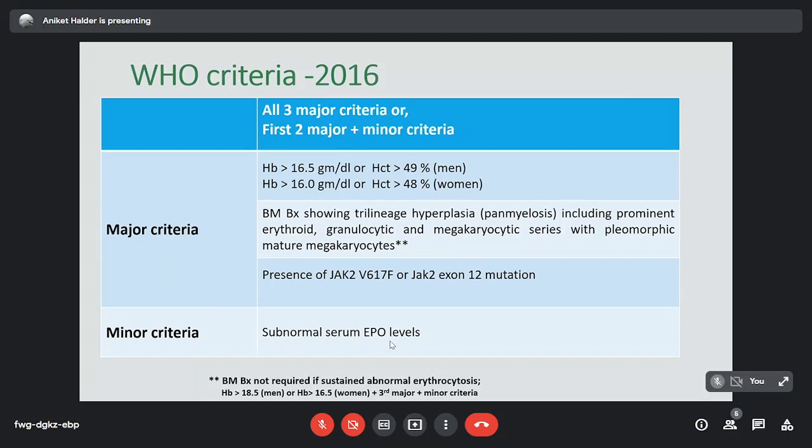It has also been given in the footnote in the WHO criteria that bone marrow biopsy may not be required if there is persistently increased hemoglobin of more than 18.5 gram per dl in men, or more than 16.5 gram per dl in women, provided the third major criterion, that is the JAK2 mutation, is present along with low serum erythropoietin levels.